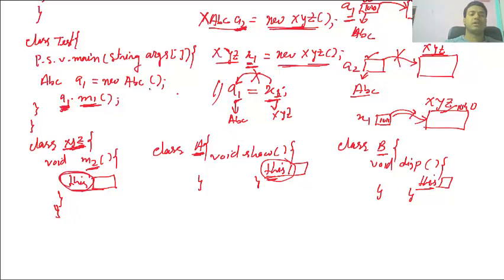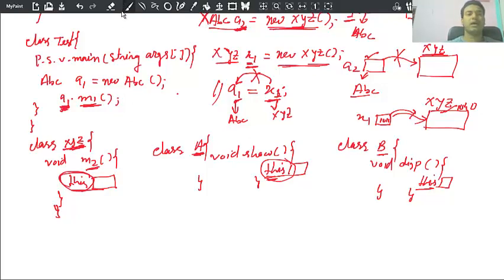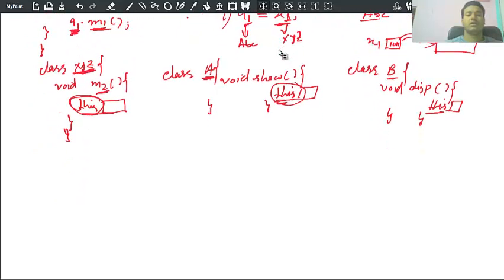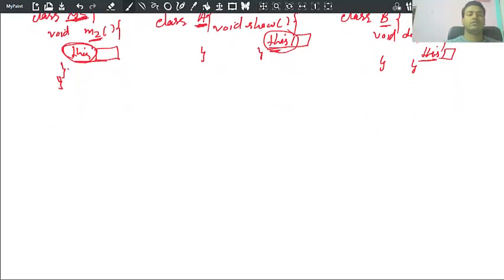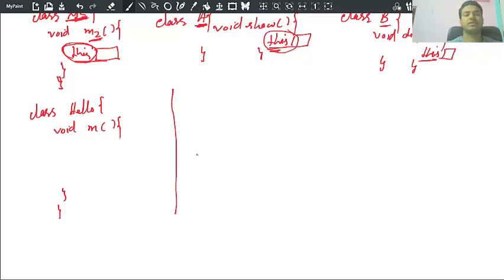But this is final also, right? This is final. How will you prove that? Suppose I have a class, something like this. Some class hello. Now inside the hello class, say I have a method void m method, and I have class test.